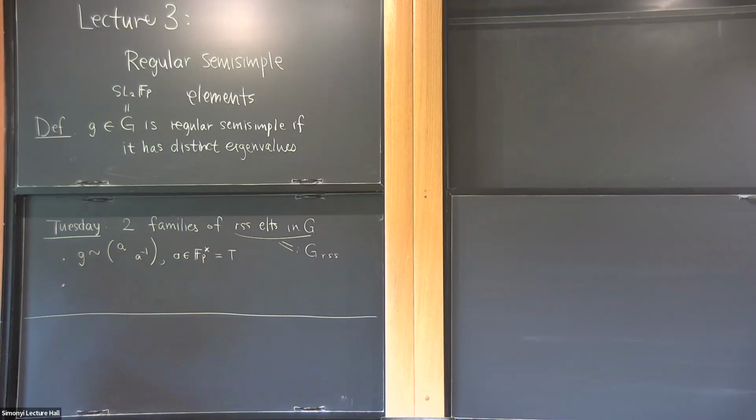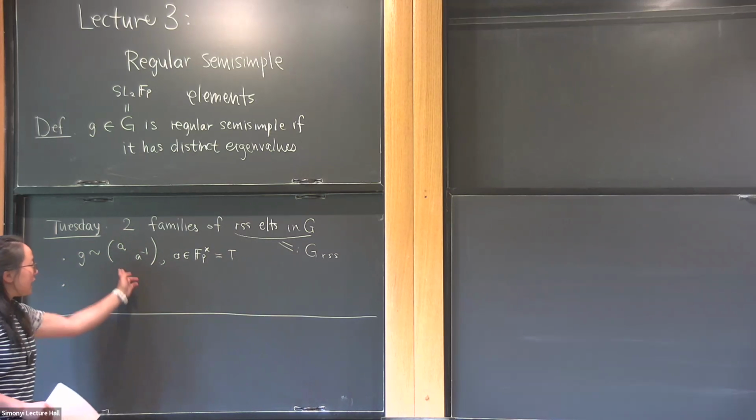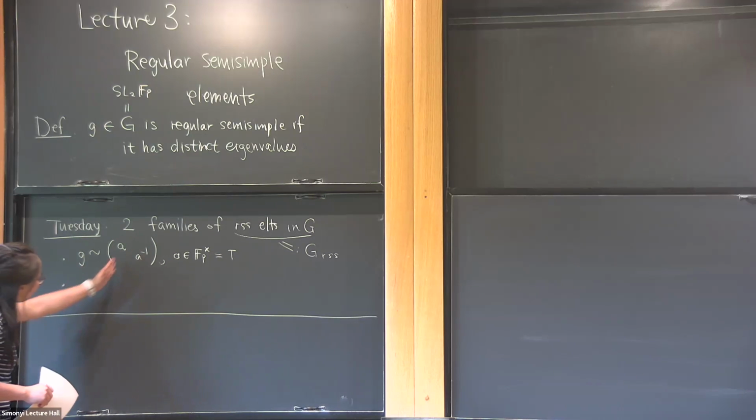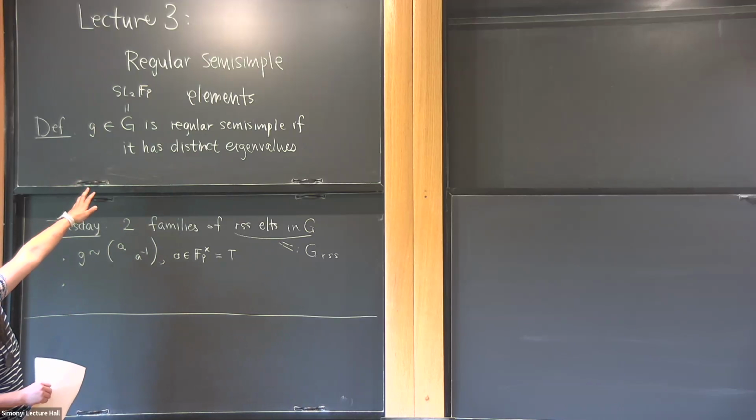Then we had another case, when the eigenvalues weren't inside Fp. I wrote before that it's conjugate to something diagonal, but now the diagonal entries are inside Fp^2. So they are diagonalizable in this sense, as was asked. However, they won't literally look like this diagonal thing inside my current presentation of SL2(Fp).